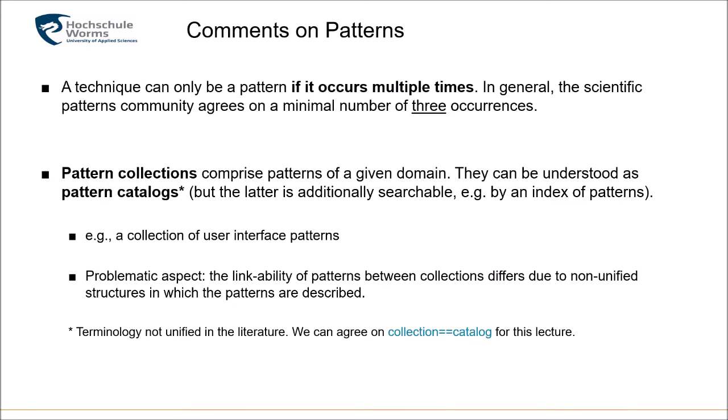So you want to link one pattern of catalog A to another pattern of catalog B to clear up the situation. That's not always easy to do, but if you stick to one collection and have one unified way to describe patterns, then they are easily referenceable.